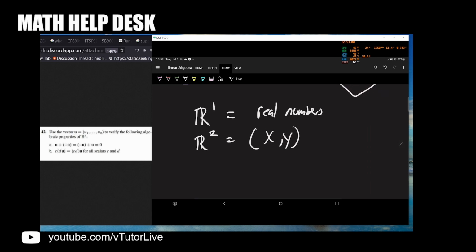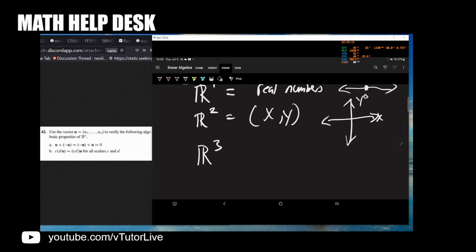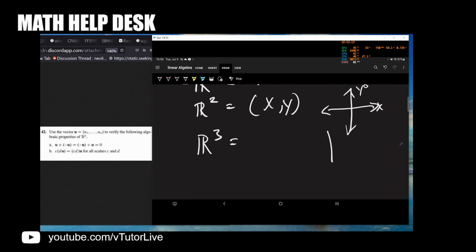So if R1 is a number line, R2 is a grid, just like an XY plane. And R3 is so on and so forth. R3 is going to look like a 3D space, R4 is a 4D space. I can't really draw it after 3.